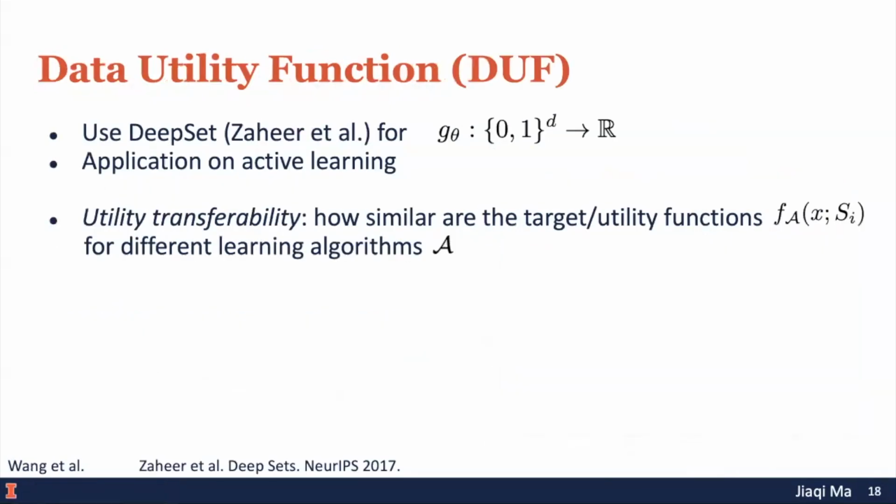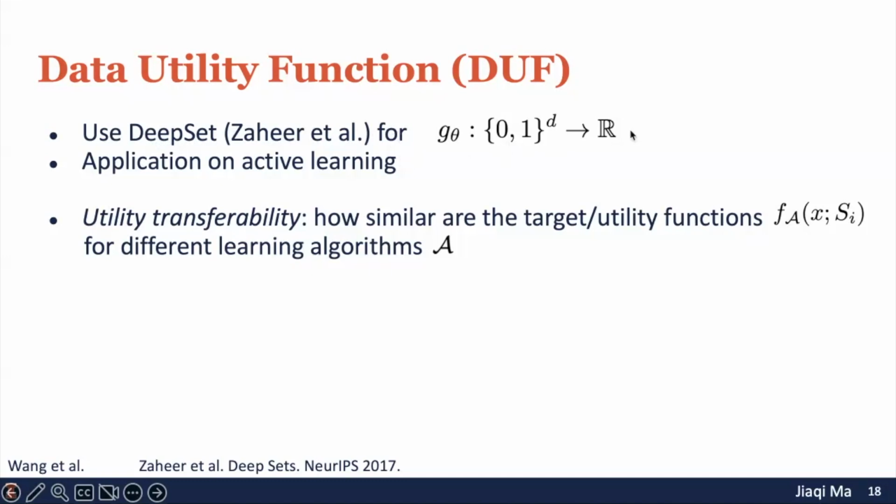In this other paper, they similarly aim to fit a parameterized function to approximate the target function, which in their paper they call the data utility function. They are not using a linear function, but instead a deep set model, which is a neural network model with the input as a set.